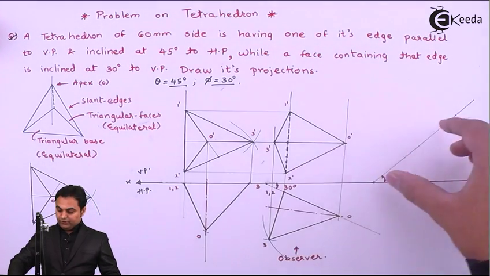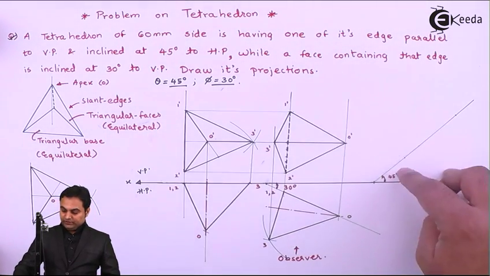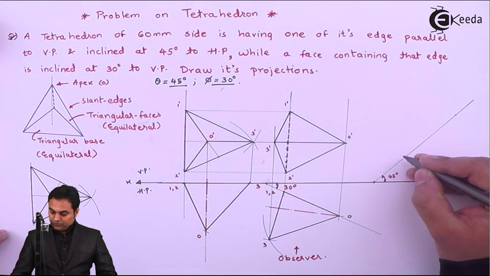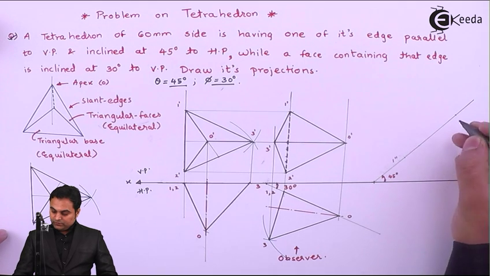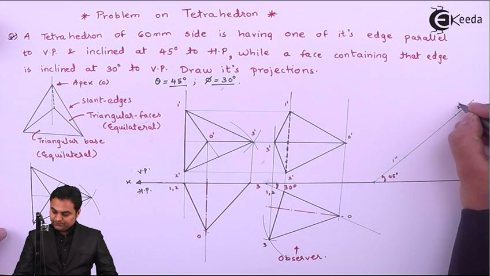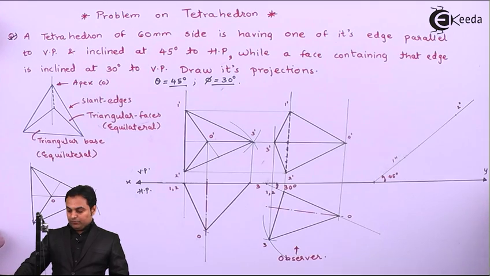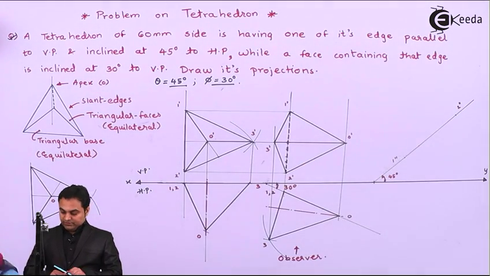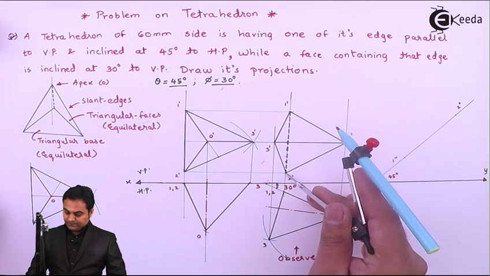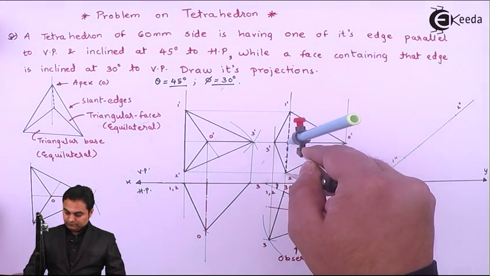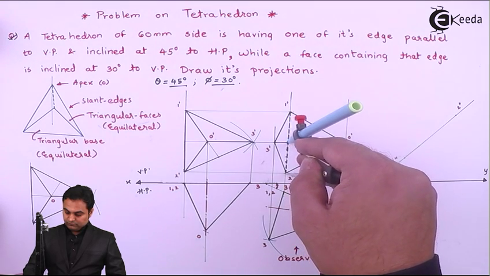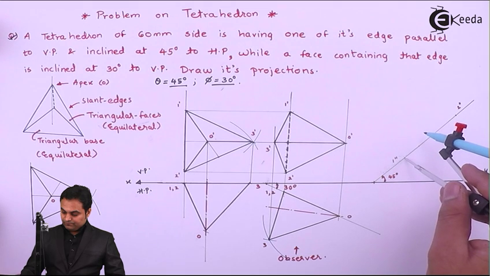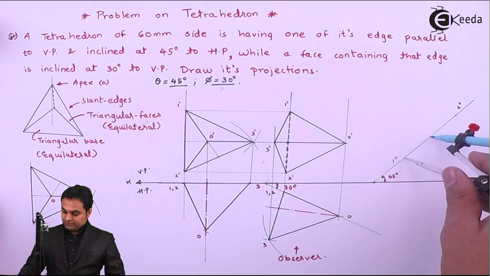Now the tetrahedron will be tilted in such a way that 1 dash is here and 2 dash is on the other side, so that gives me 1 double dash, and this is 2 double dash. Then I have to copy this entire tetrahedron here. For that, I'll mark the distance of this center line O dash 3 dash onto it.